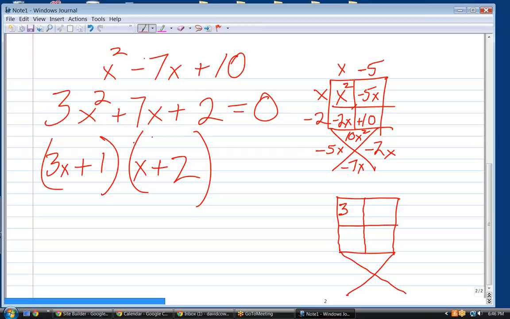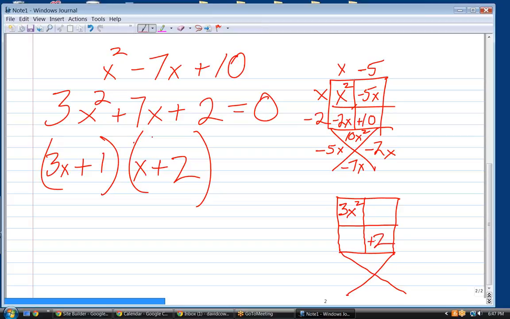No, in the first problem, x squared minus 7x plus 10, when we did that one. What did I write in the upper left-hand box? Was it x squared or x? It was x squared. So this is 3x squared. Yes. And then in the bottom right-hand one, you do 2.